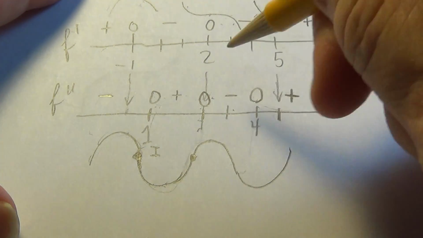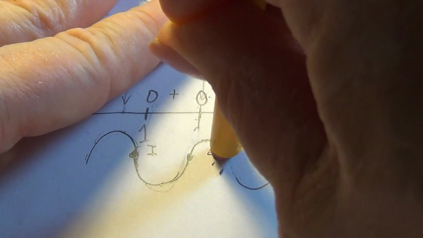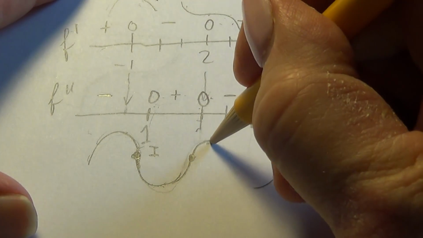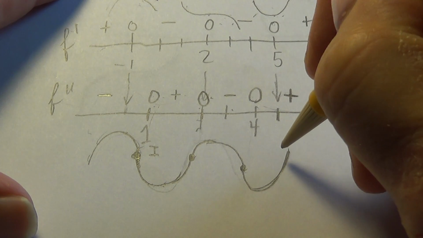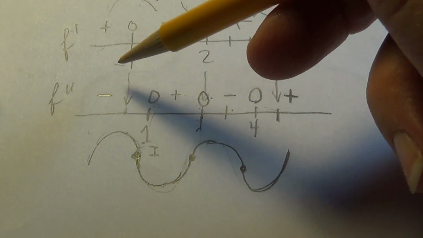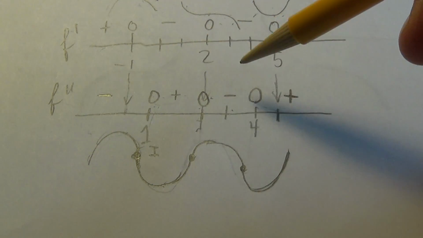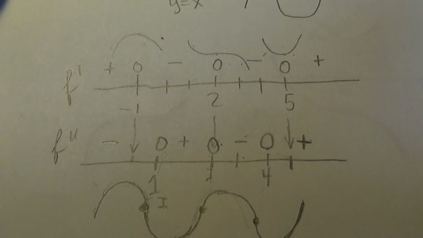That's a little better there. Then it's frowning until here, where we have another inflection point and so forth. Alright, so we have 0 plus minus plus. So we have this kind of action going on.